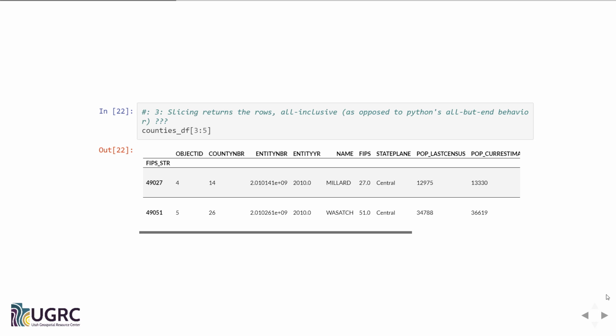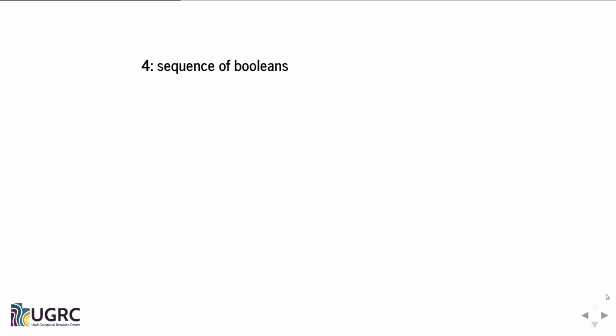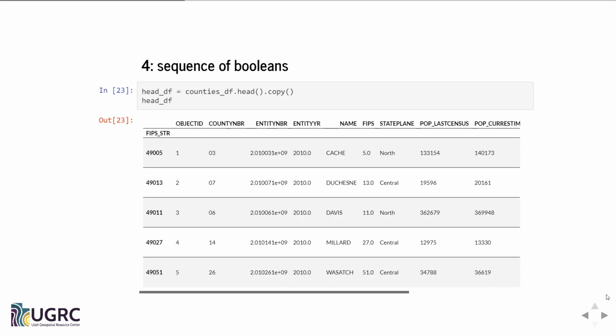So the fourth one, this is where it gets fun. This is where you kind of have to wrap your head around what's happening. But if you pass it a series of booleans, it will only return the rows where that series was true. So I'm just taking the first 5 rows and making a copy of it. So we're just working on the first 5 rows of our data frame.